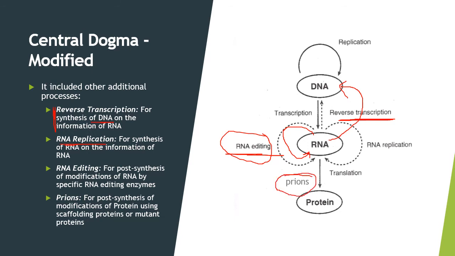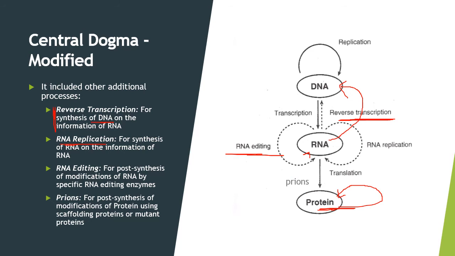Prions are specialized proteins which are mutated, as found in certain diseases like scrapie or Kuru, where the proteins act as a scaffold to direct the synthesis and or the folding of a protein into a variant form which has little or no function at all. So all these processes were added to the central dogma.